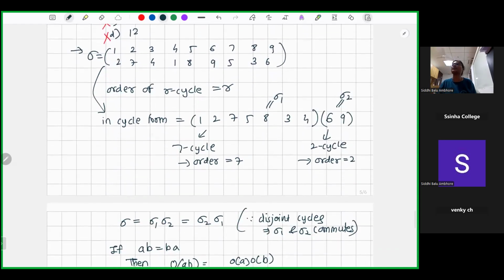It's easier to calculate the order that way. Okay, if you have any doubt, please ask. Otherwise, we can move to the next question.